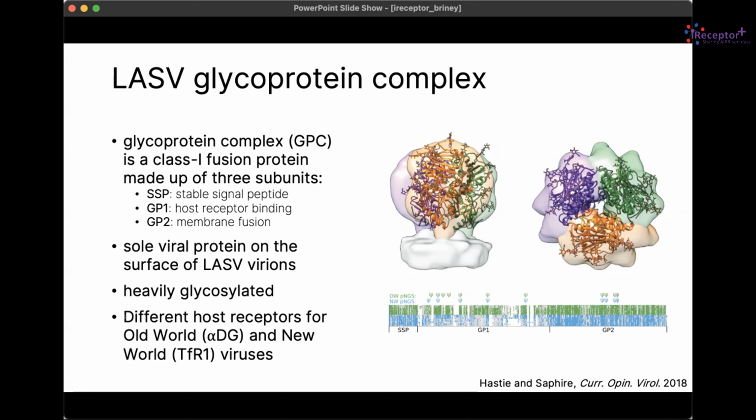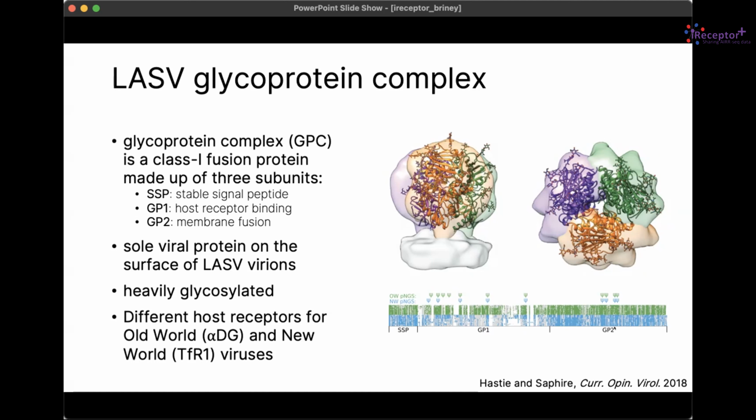One thing to note though is that there are a huge number of arenaviruses, both old world and new world, and they use different receptors. So it's not immediately apparent that receptor binding site antibodies will be broad enough to recognize both old world and new world arenaviruses, because there's pretty significant variability at the receptor binding domain.